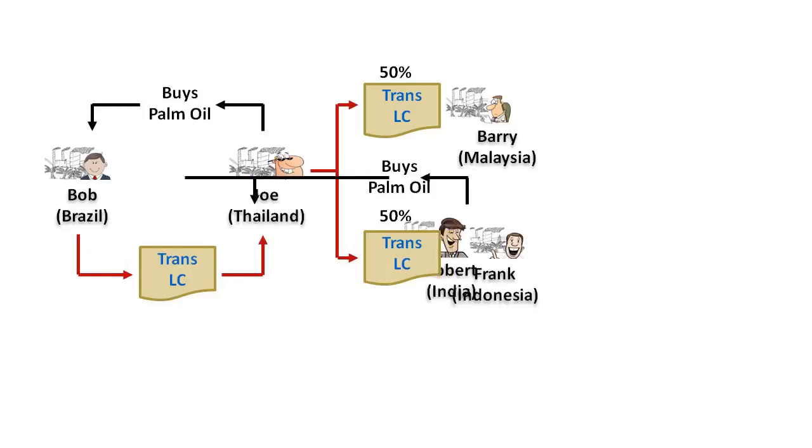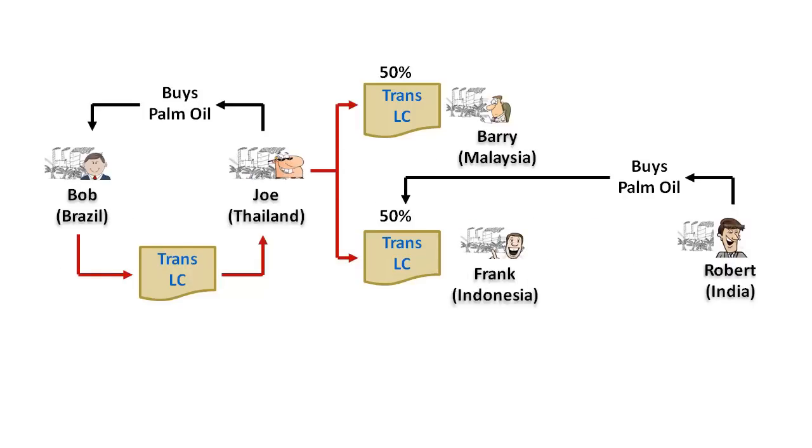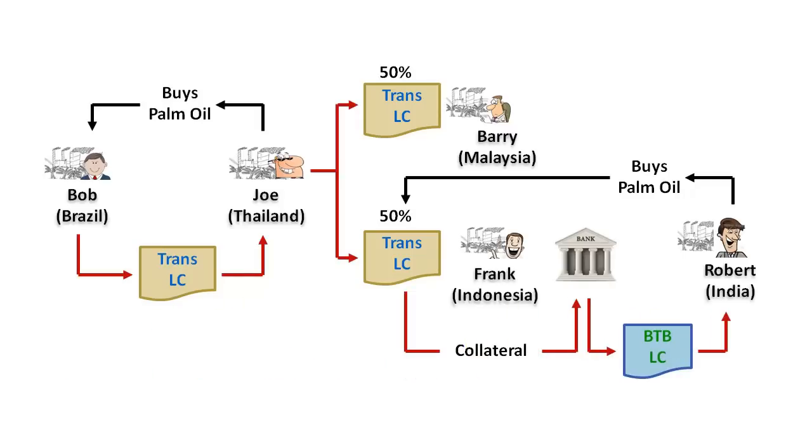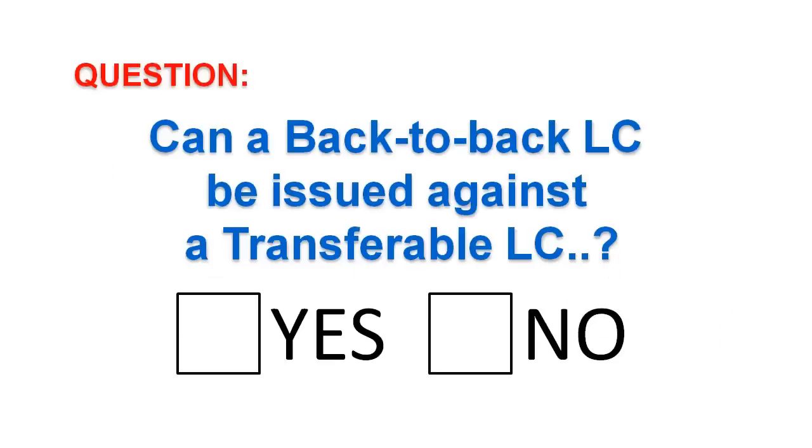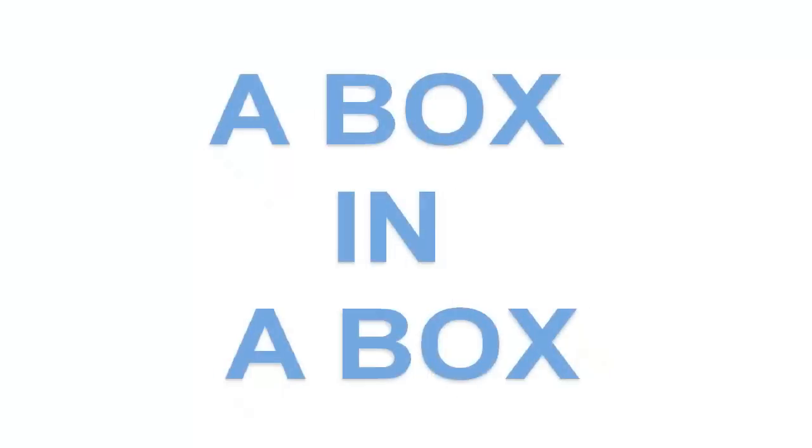If Frank somehow has to buy from another seller, Robert for example, he can charge the transferable LC as a collateral to his bank and request his bank to issue a back-to-back LC to Robert. So to answer this question, can a back-to-back LC be issued against a transferable LC? The answer is yes.